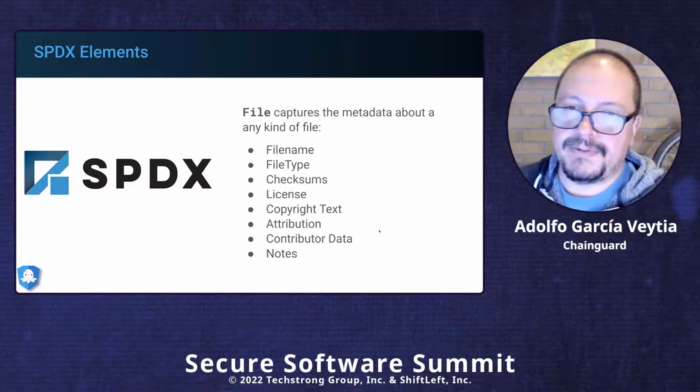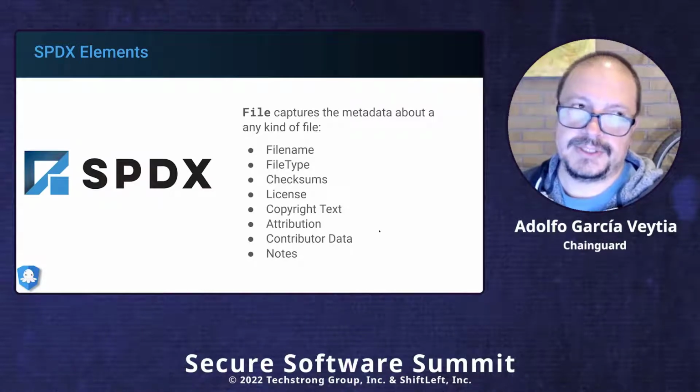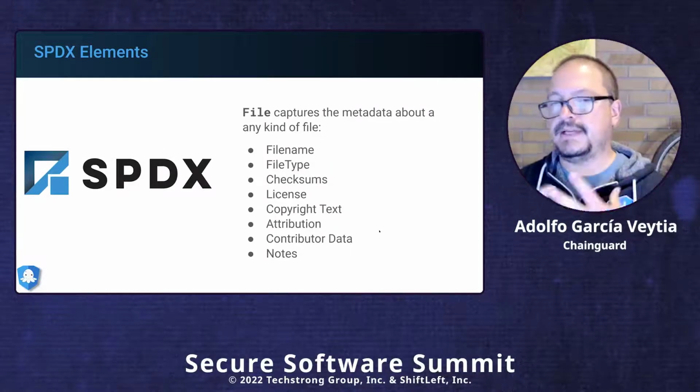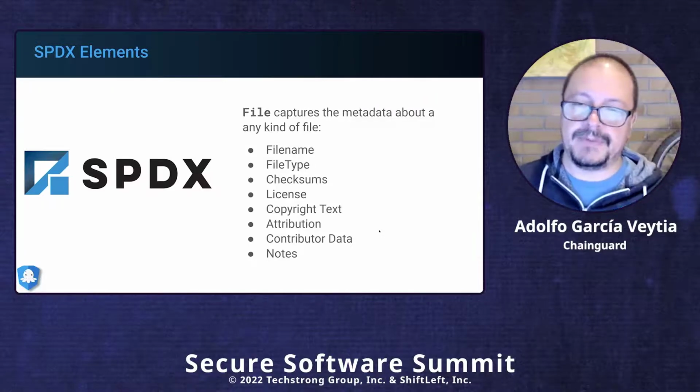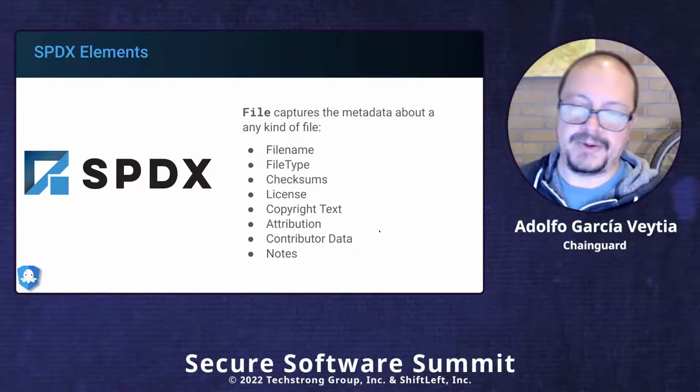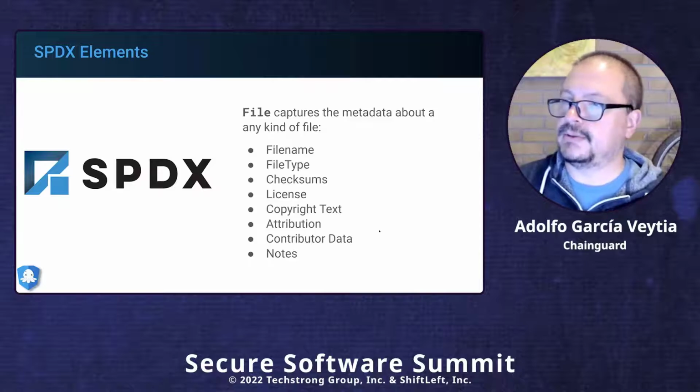So just to recap, the two kinds of elements inside of an SBOM: there's file, which lists all of the file metadata, like its name, the type, the checksums that detail its contents, the license, and some other attributions like the copyright, and you can add notes to it, and so on.